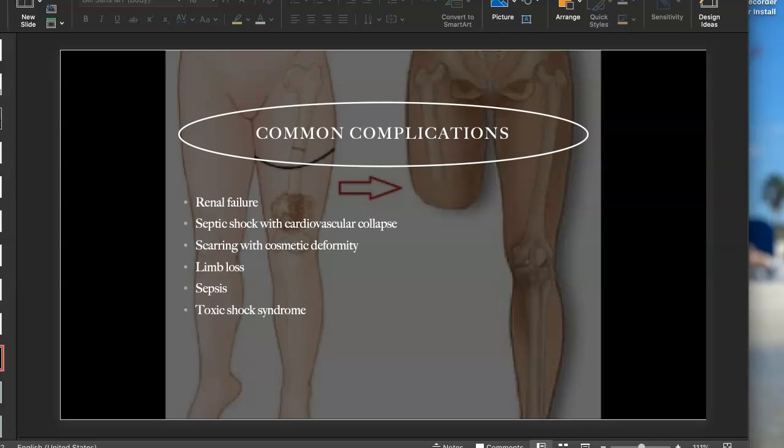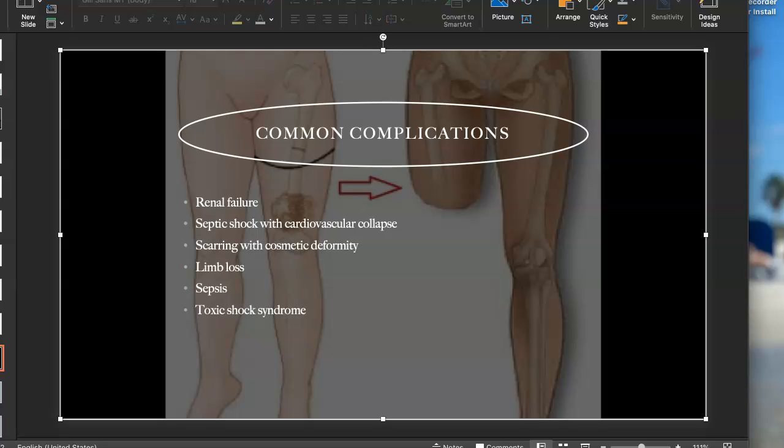Common complications with necrotizing fasciitis are renal failure, septic shock with cardiovascular collapse, scarring with cosmetic deformity, which I did show in the second slide as the last photo, limb loss, sepsis, and toxic shock syndrome.